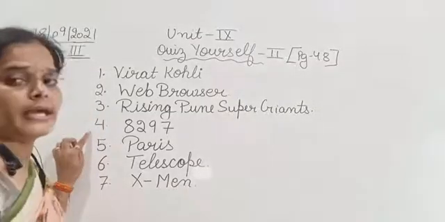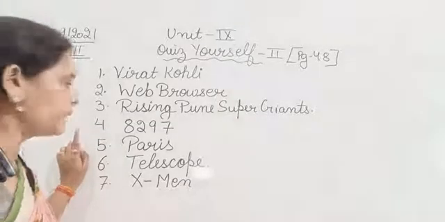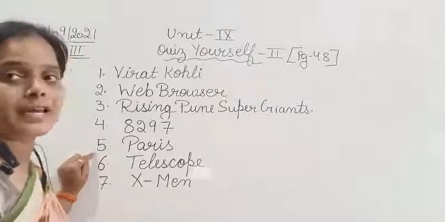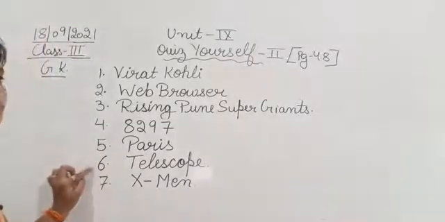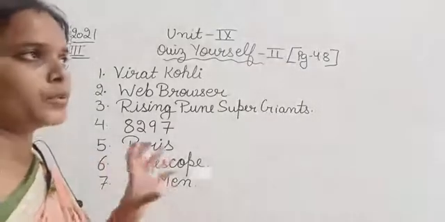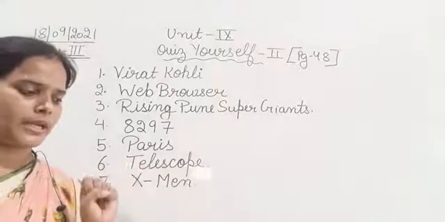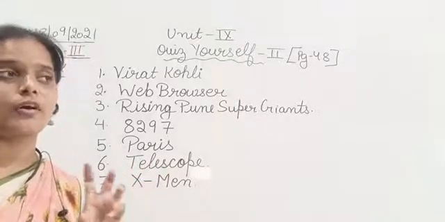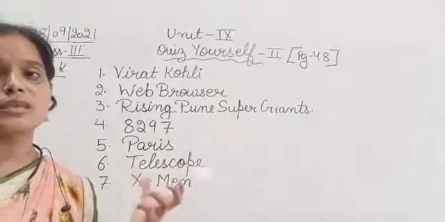Next is 8297 that I have recorded. This is called coding decoding. Next, Paris. Paris is the capital of France. Telescope. NASA has launched an equipment for looking at the stars, that is a telescope.